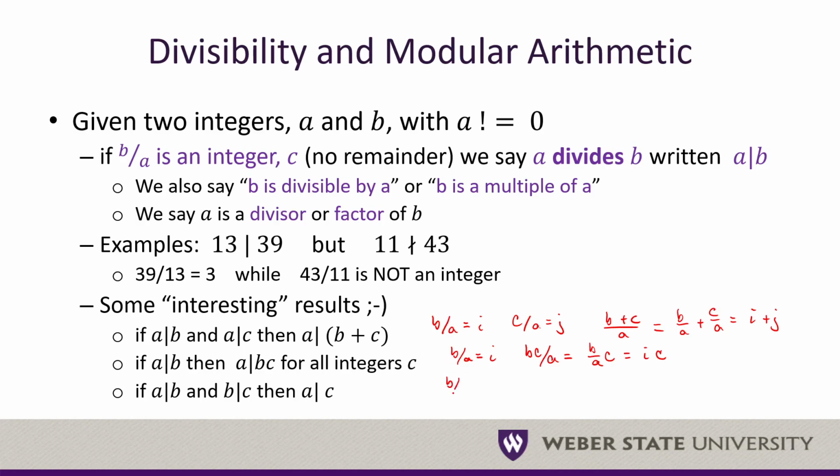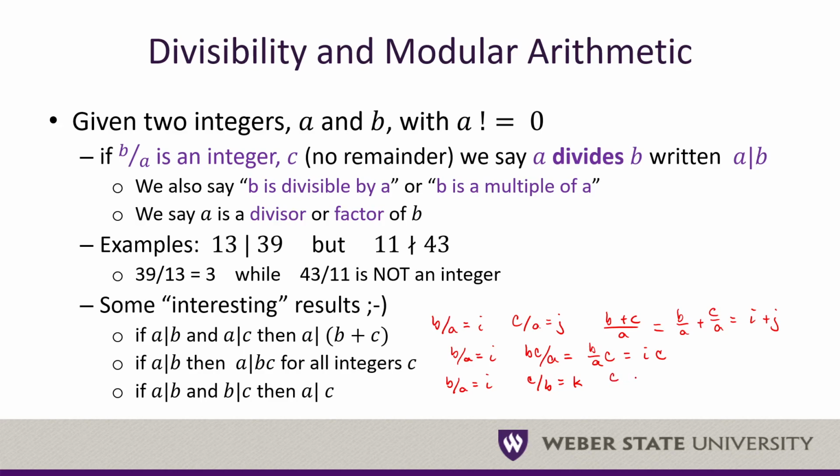And then the third one also shouldn't be too surprising. If B divided by A is equal to I, and C divided by B is equal to K, then this one's going to be a little harder.